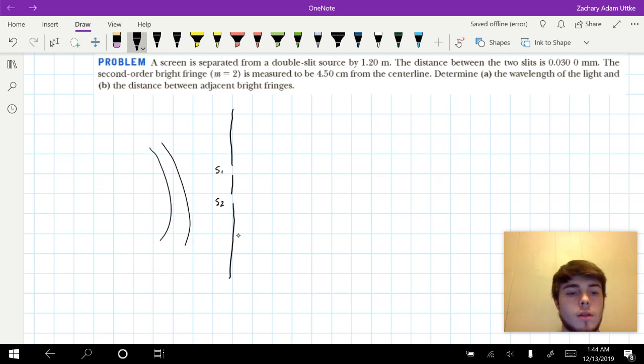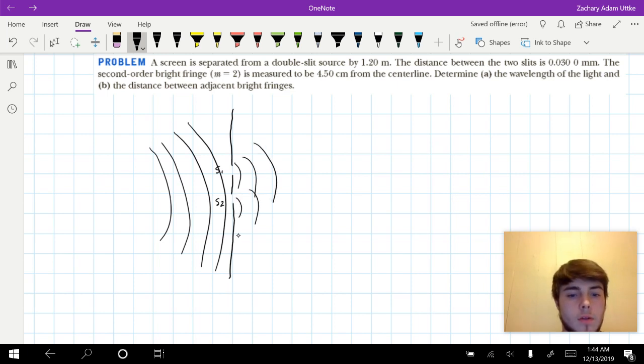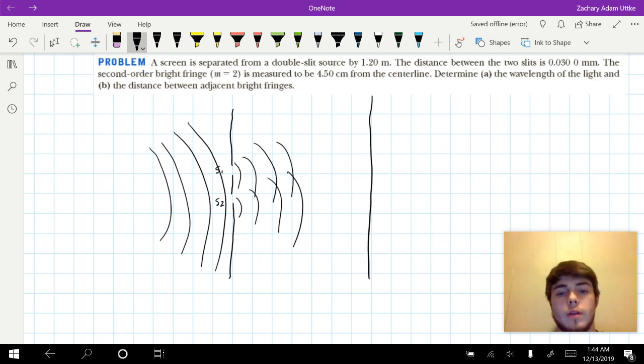and if you shine light at the slits, you'll see two different, I don't know what to call them, waves emanating from each slit.